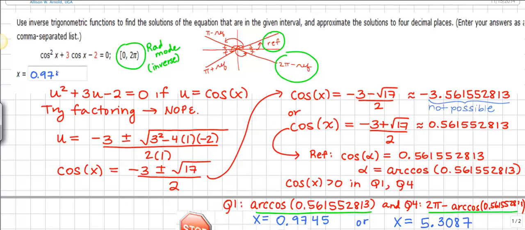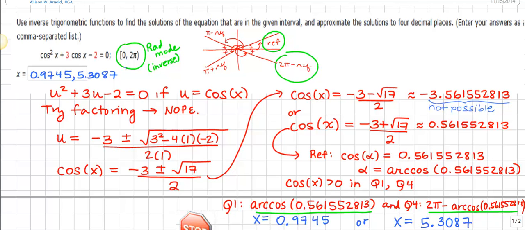All right, so let's go back over this. This equation was quadratic in cosine. I did a quick check to try to factor it, saw that it wouldn't work in 30 seconds or less, so I defaulted to the quadratic formula, which I could always use. We made a note that if a trig function could not be a certain value, then you can't solve the equation.